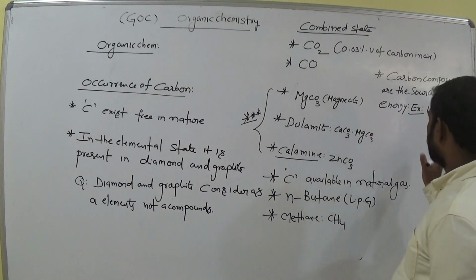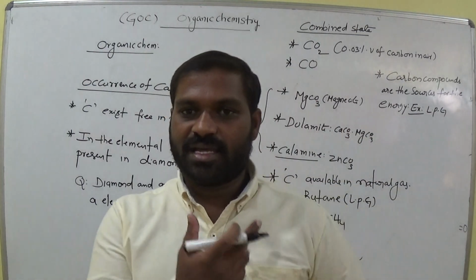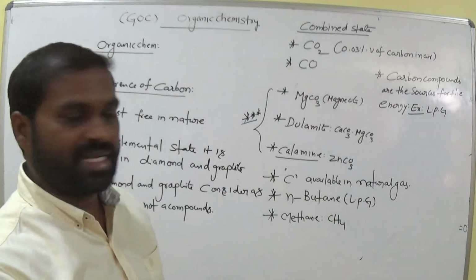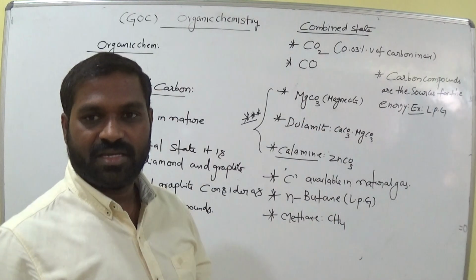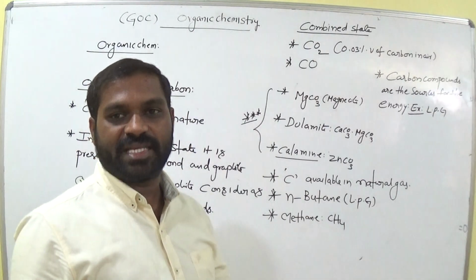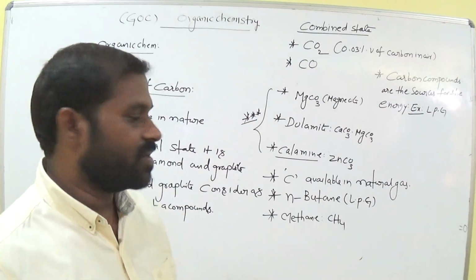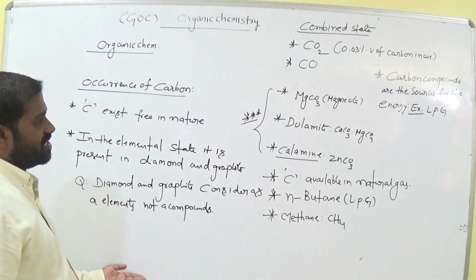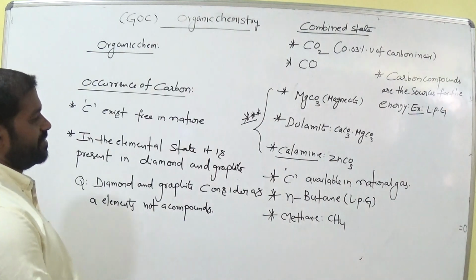If you burn it, it produces energy or not? Heat energy, it produces heat energy. So carbon compounds are the sources for the energies. So this is the source of energy, am I right? Is it clear, all of you? So occurrence, that means where the carbon is available, is called occurrence. Is it clear, all of you?